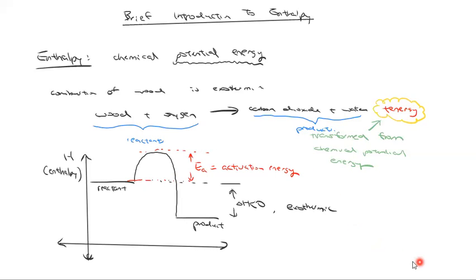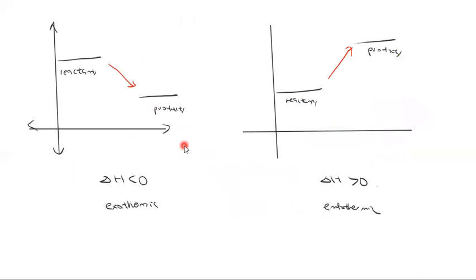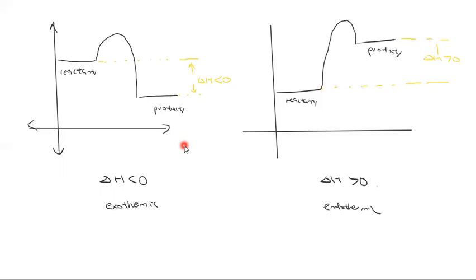So a more complete version of this is instead of having that red arrow just represent the start and the end, there is a middle that we need to consider. It might be helpful to recognize that only the start and end matter for delta H, right?